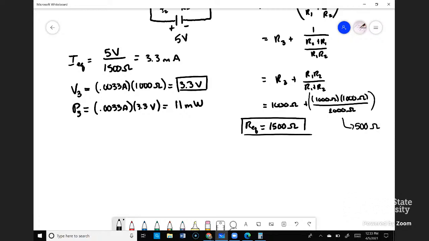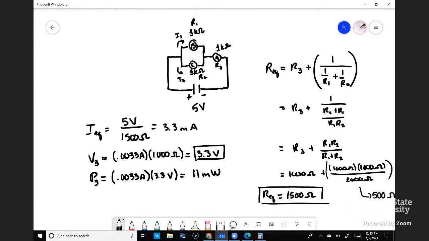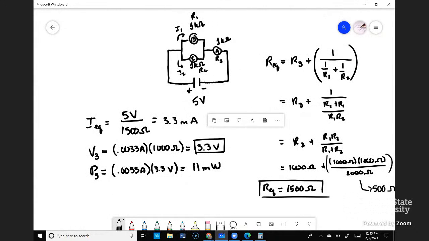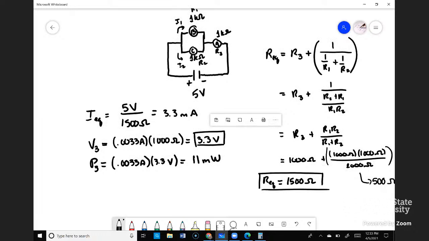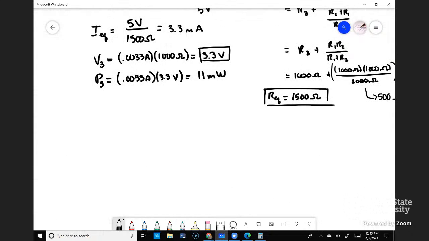Okay, so now we can figure out how much voltage is dropped across that equivalent resistance of 500 ohms. Okay, so we would say R12, that's the equivalent resistance there, equals 500 ohms.